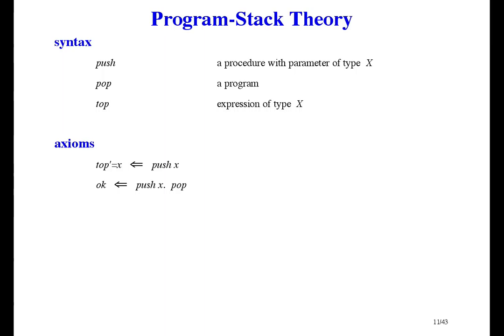Let's start with the first axiom, and then stick OK on the end, and then use the result from a moment ago, and we see that if we push something onto a stack and then do further pushes and pops on top of that, then later we find the same value X on top. And that's all we want from a stack.